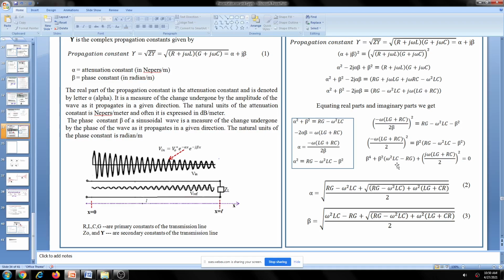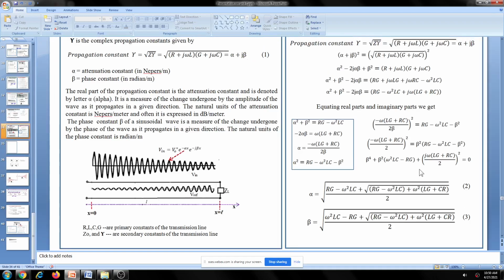Now the solution for this is what we have, alpha and beta. So you can get a relation now.